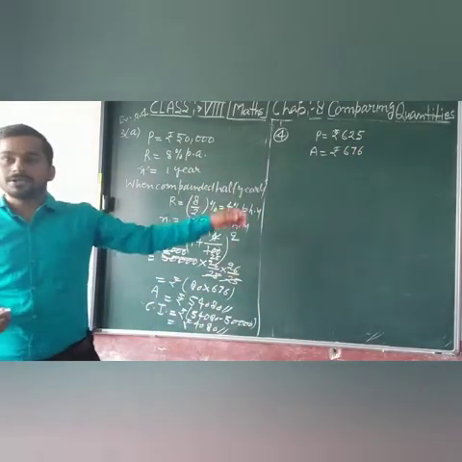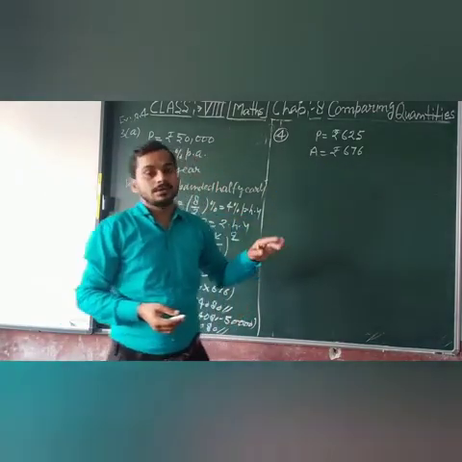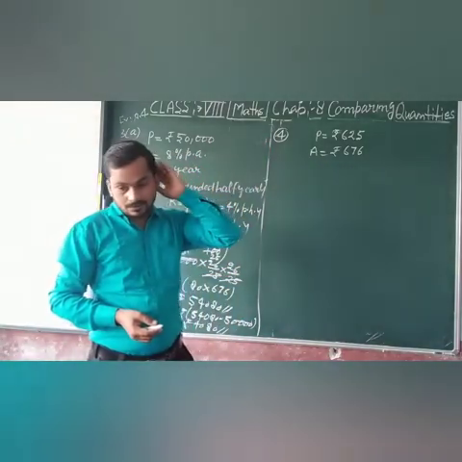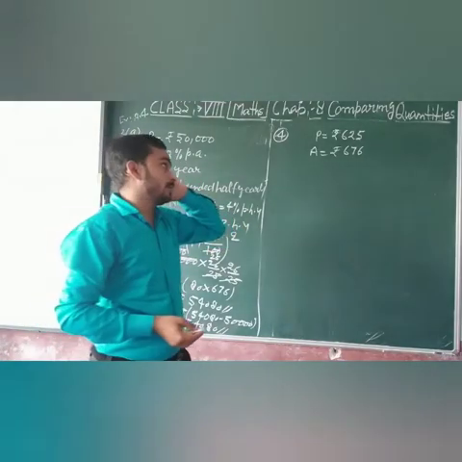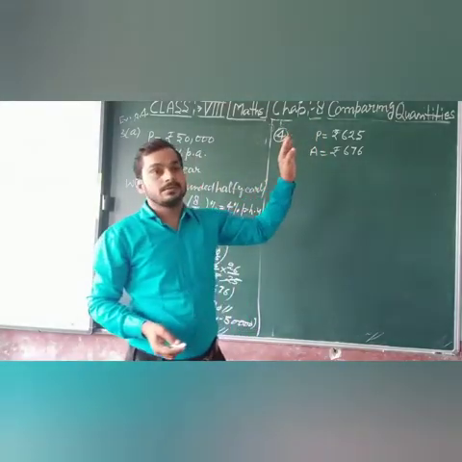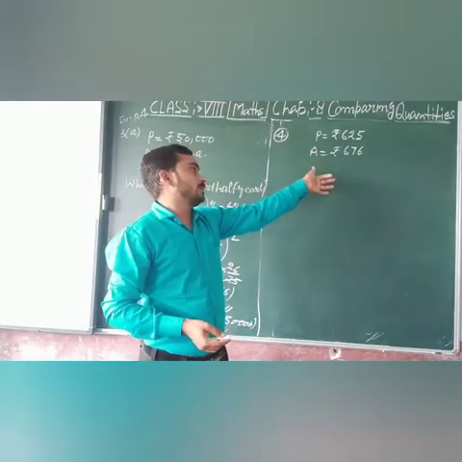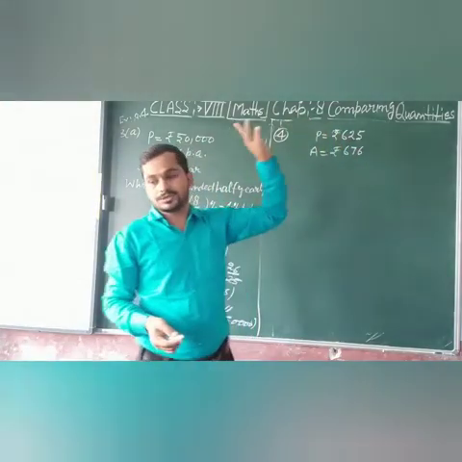Because amount is always greater than principal, because amount is the sum of principal plus interest. So whenever two amounts are given in the question, amount is always greater than principal, because principal is the basic amount, but amount is the sum of two amounts, that means principal plus interest.